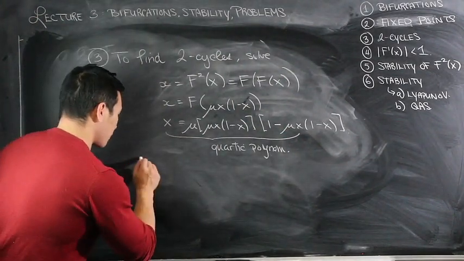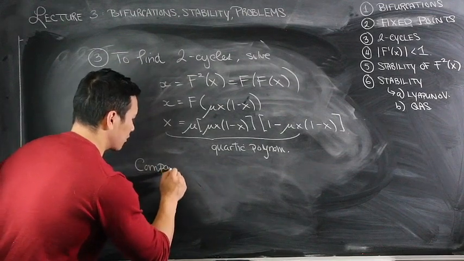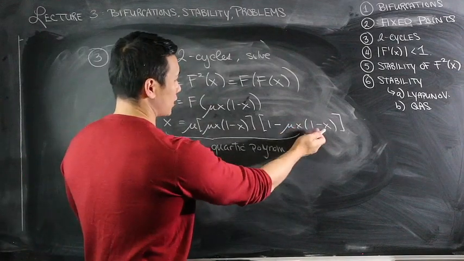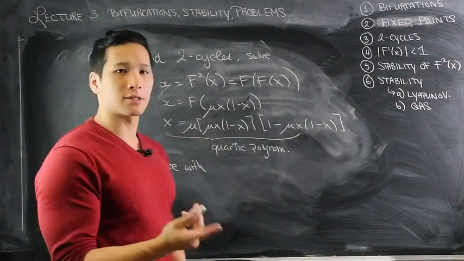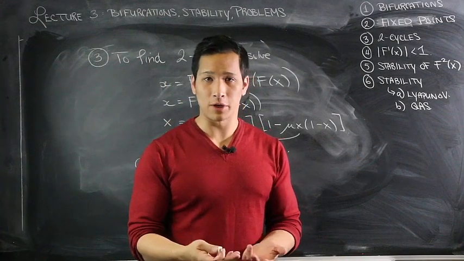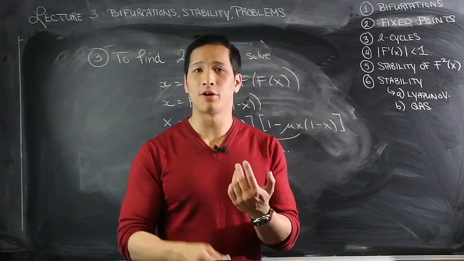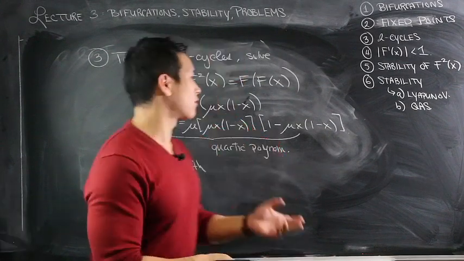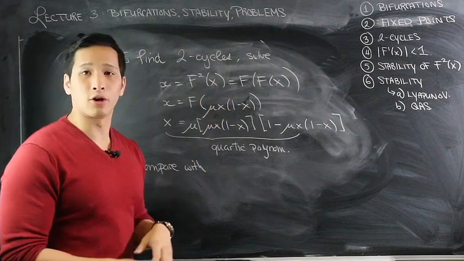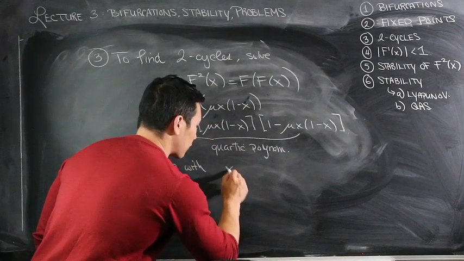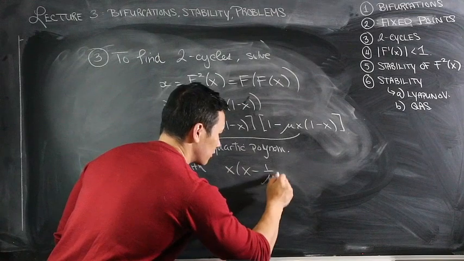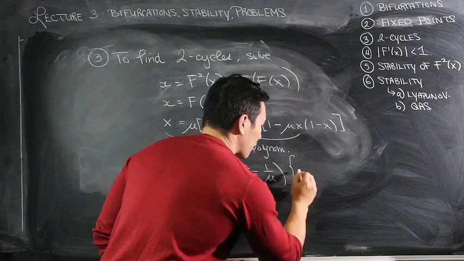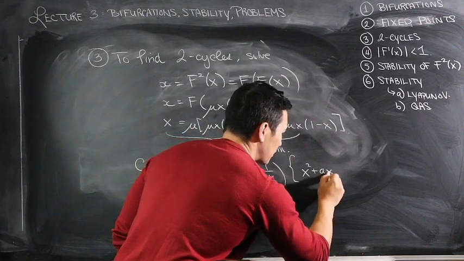And you want to compare this with something. You know that whatever equation you get here from the quartic polynomial, it has to have the two roots that we found previously for the fixed points in there. It has to have x equal to 0, and it has to have x equal to 1 minus 1 over mu, because those fixed points are themselves solutions of this quartic polynomial. So you just have to compare that with x times x minus 1 over mu. I say just, it's actually a little bit of a pain to calculate. And then x squared plus ax plus b.